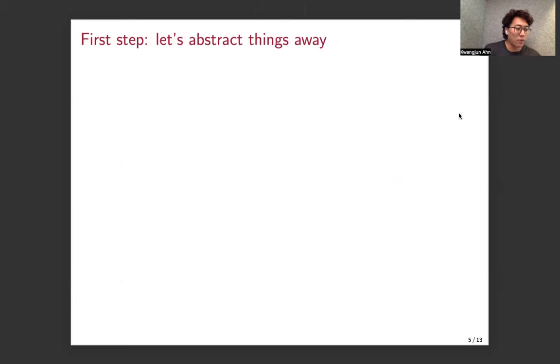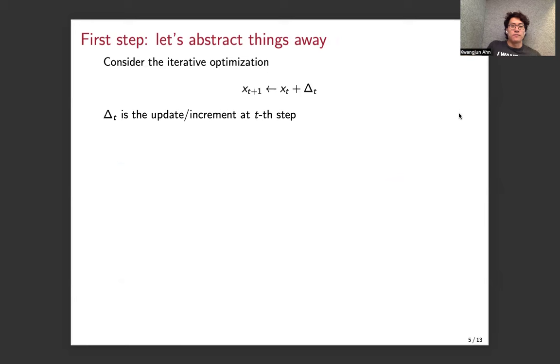Okay, to describe our approach, the first step is to abstract things away a little bit. Consider this abstract iterative optimization procedure where during each iteration, you move toward this delta t, where delta t is the update or increment during the t-th step.